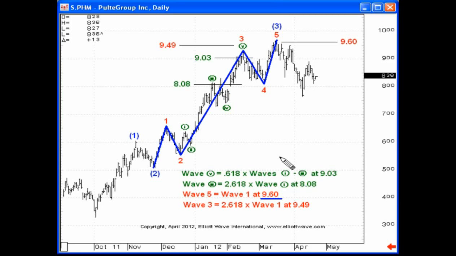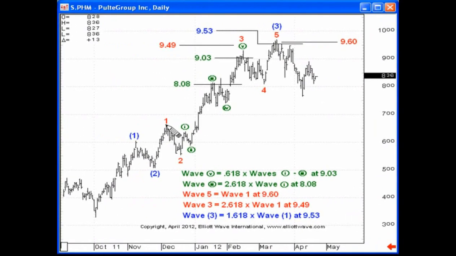Let's step back one more time. As I previously said, some of the most common Fibonacci relationships we like to see are within wave 3, because with respect to the equity market, wave 3 is where prices tend to travel the farthest in the shortest amount of time. That's where you tend to see your extended wave, and wave 3 is the extended wave most often in equities. Here we have our wave 1, our wave 2 pullback, and then our big move to the upside, our wave 3.